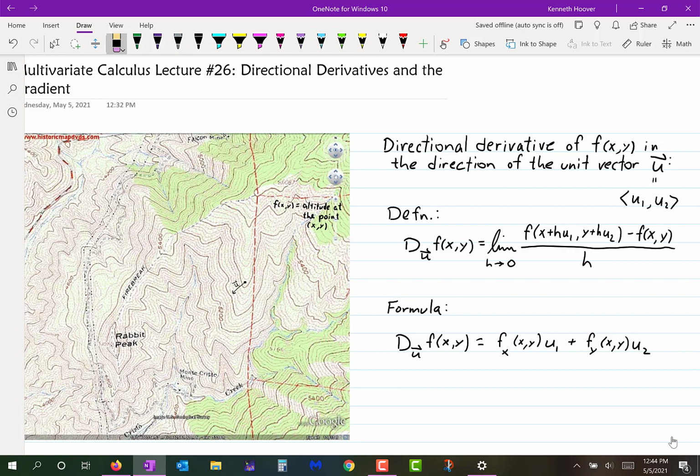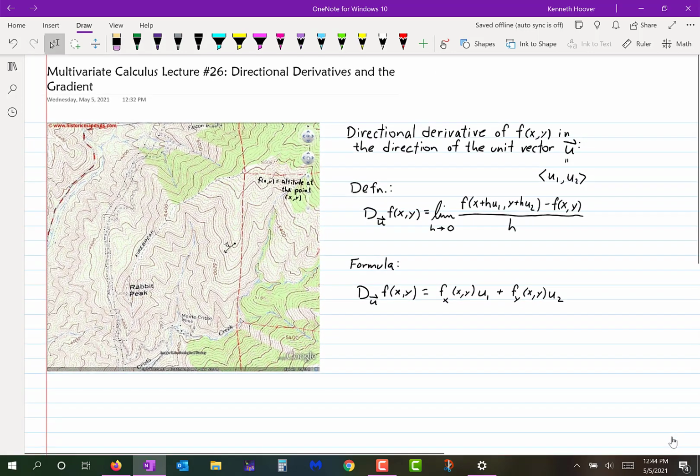Now, there's something else I want to introduce you to, which is called a gradient. Gradient of f. Okay, the symbol for that is an upside down isosceles triangle here.